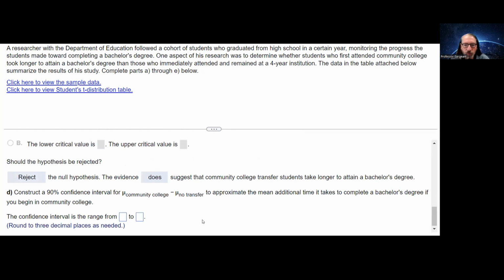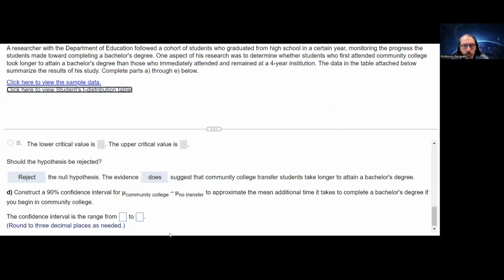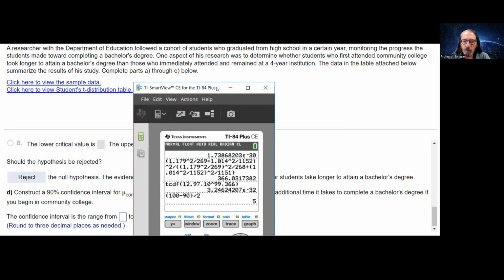Now, a confidence interval. This could be a little different. Let's see here. What level do they want? 90%. Okay. 100 minus 90, divided by 2, gives me 5.